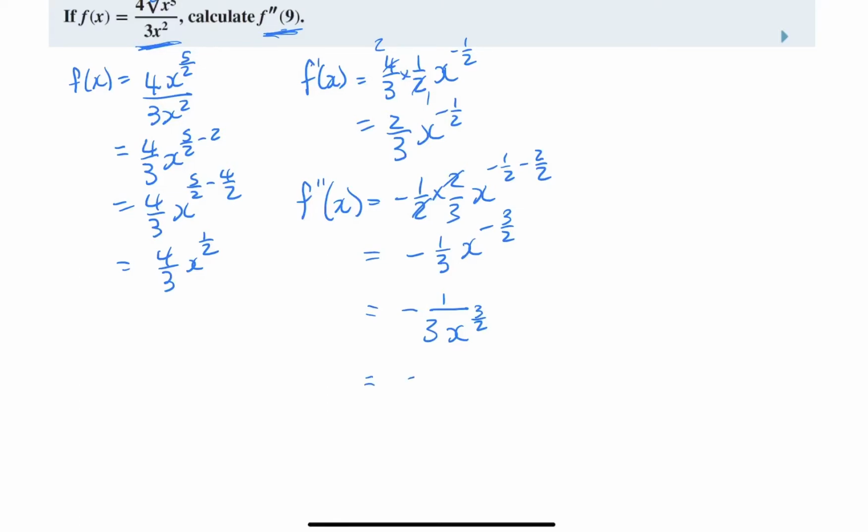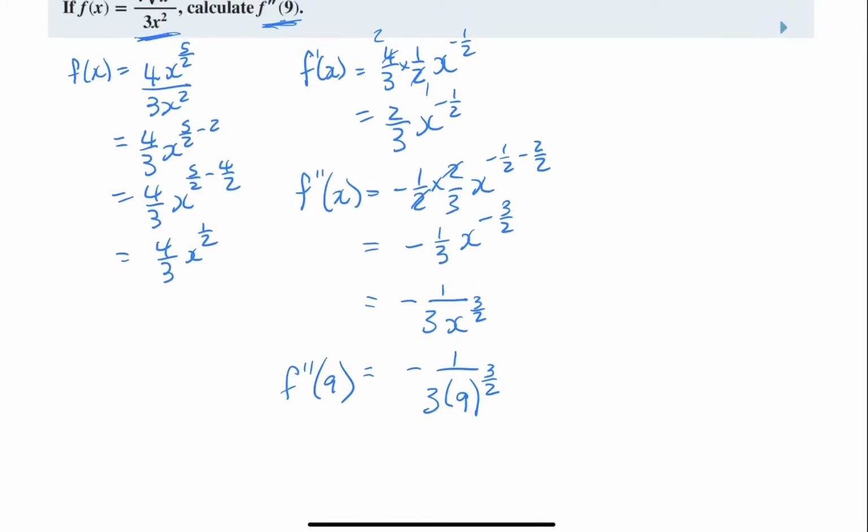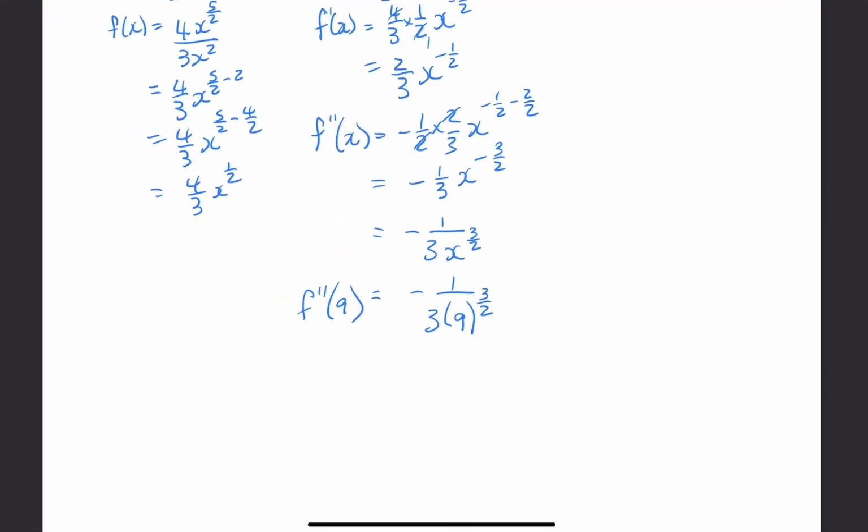This equals minus 1 over 3 times x to the power, x is 9, so now the second derivative at 9, I'm going to say that is 3 times 9 to the power 3 over 2. That will give us negative 1 over 3 times, now 9 is 3 squared, to the power 3 over 2.